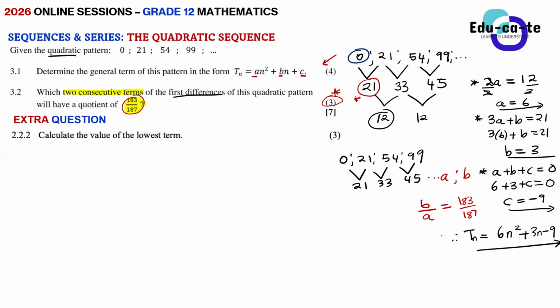After that I substituted into that formula: 12n plus 21 is equal to 187 times 12n plus 9.